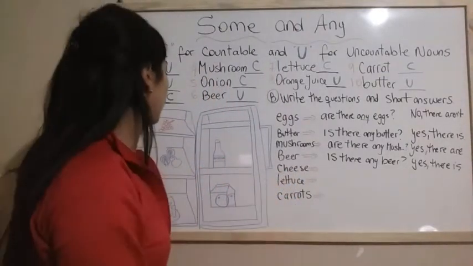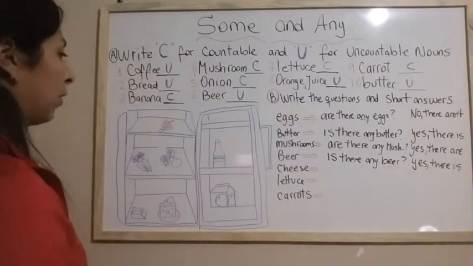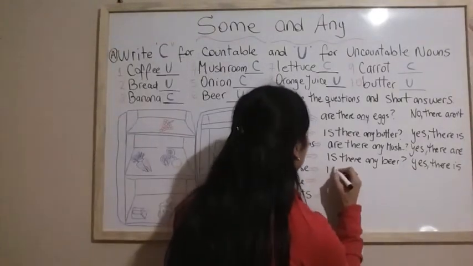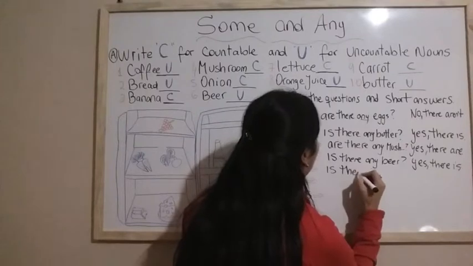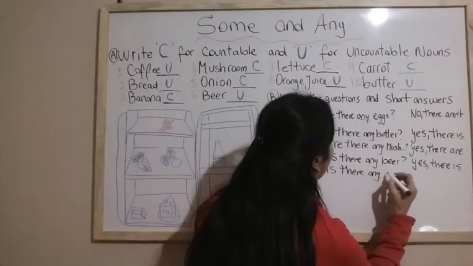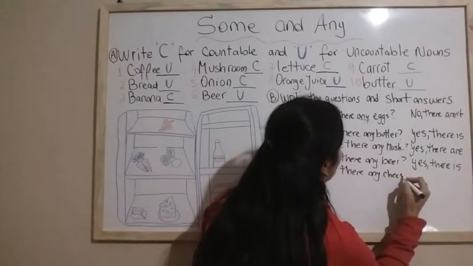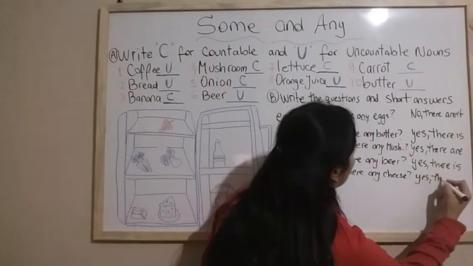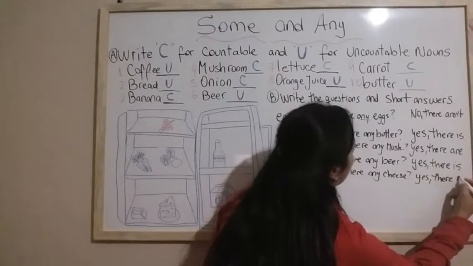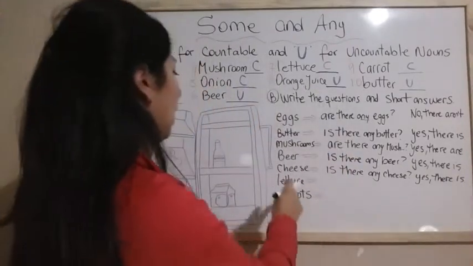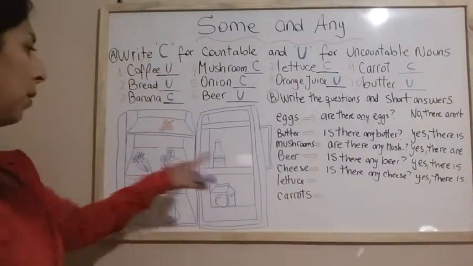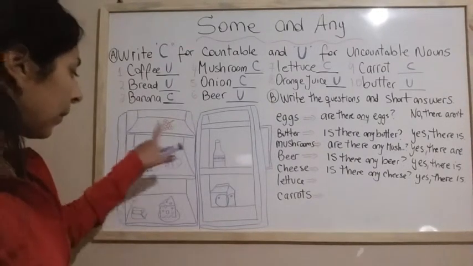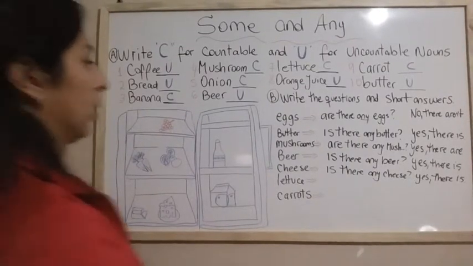Cheese. We have cheese in the fridge? Yes. Okay, cheese is an uncountable noun, so is there any cheese? Yes, there is. Lettuce. We have lettuce. Tenemos lechuga en la heladera. Okay.